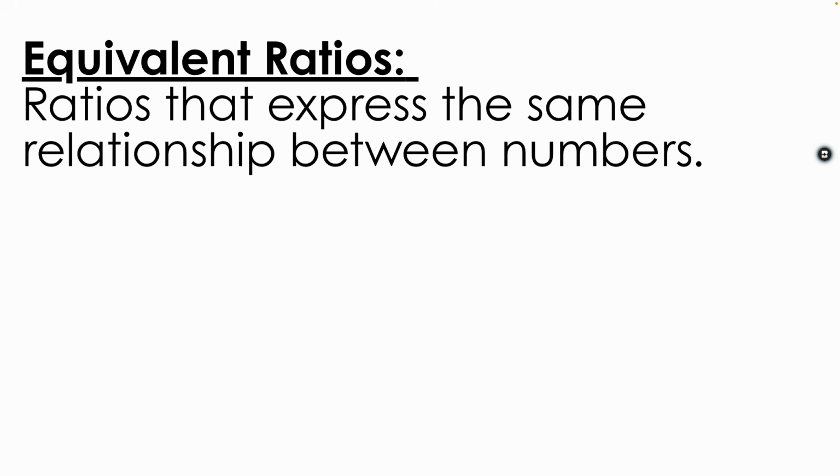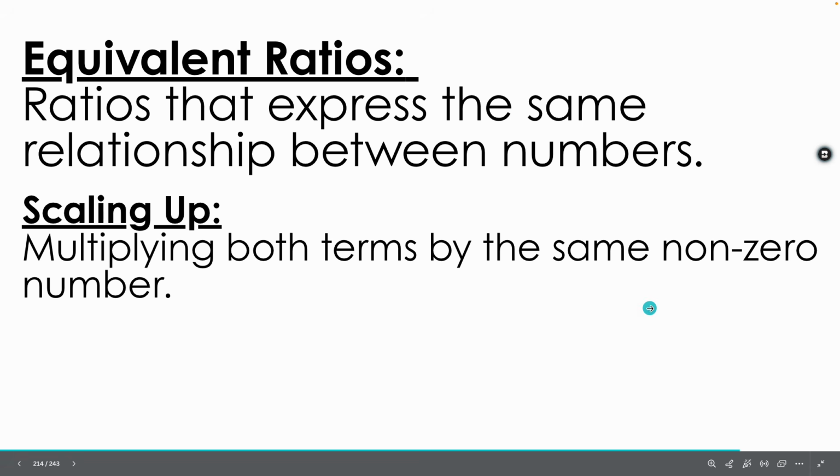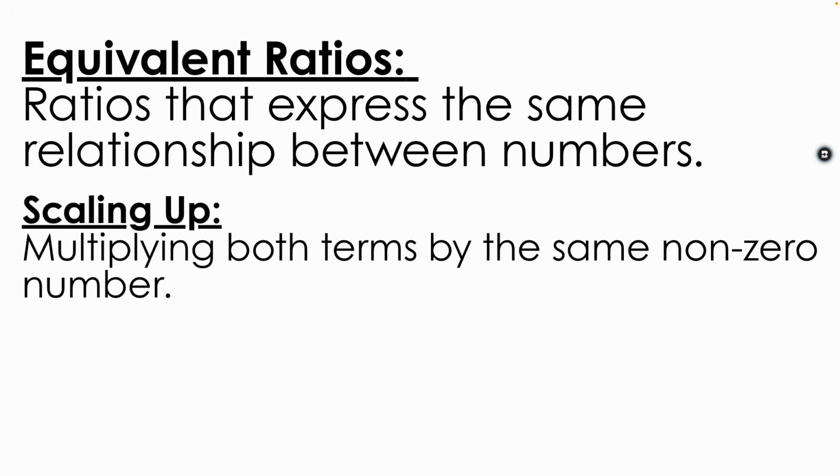So they may have different numbers, but the relationship between the numbers remains the same. One way to find an equivalent ratio is through scaling up. Scaling up means multiplying both terms by the same non-zero number.